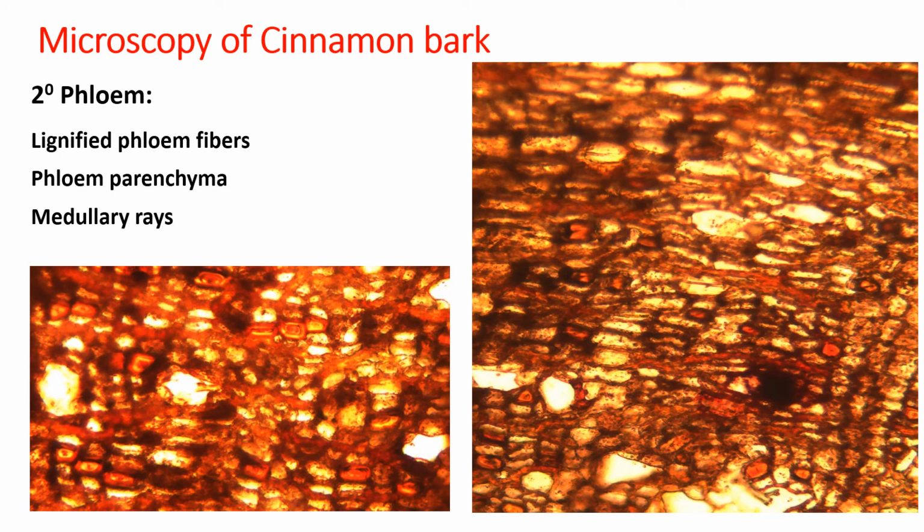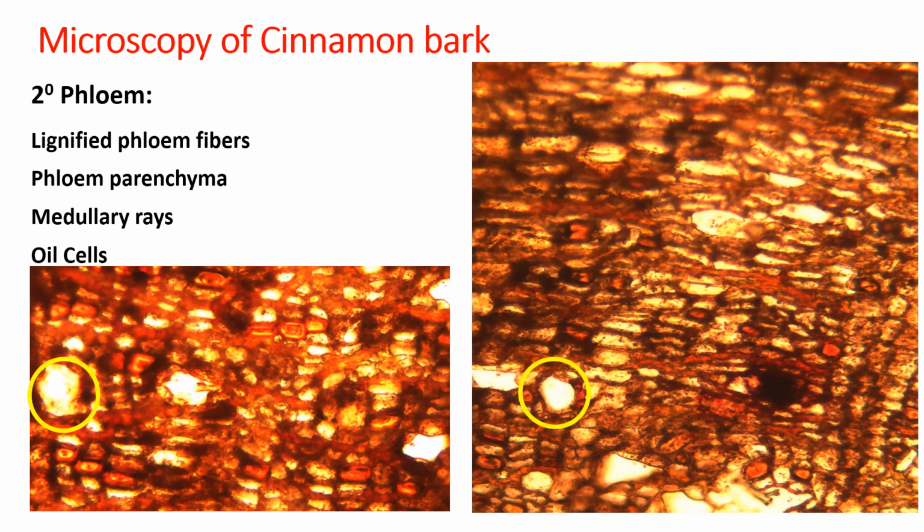The last part in this is oil cells. Now, oil glands, as we have mentioned earlier, their job is to secrete and conduct volatile oil. So, these are the large glands which are conducting volatile oil.